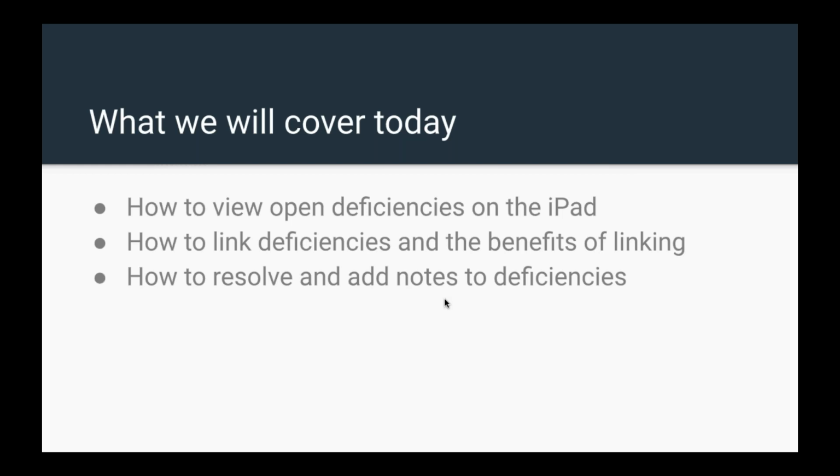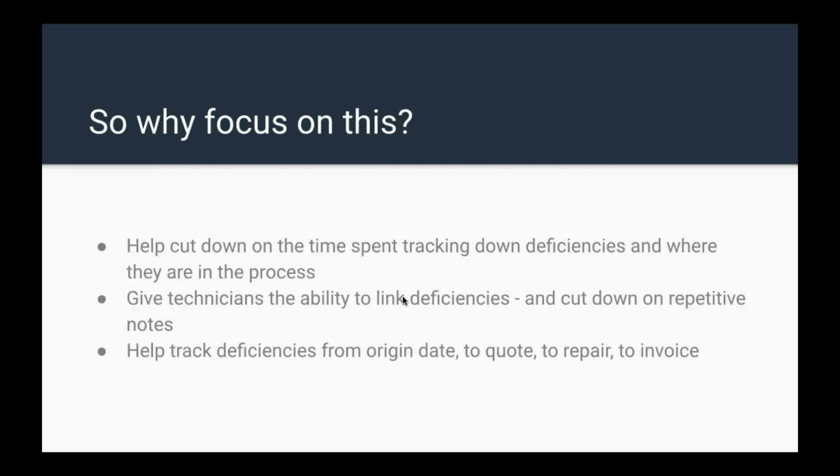I'll show you what that little icon is on the iPad that all of a sudden popped up, and why you would want to link, not just from making it easier for backend users, but also for yourself out on the iPad. And lastly, we're going to show you how to resolve and add notes to a deficiency, most specifically those resolution notes, and once again the benefits of how that helps you in the field, but also the office as well.